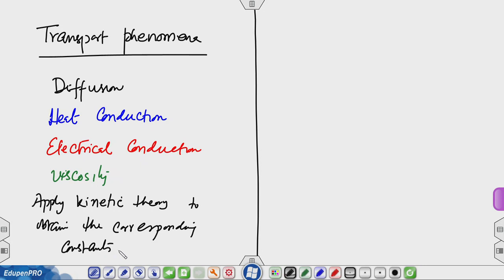Now, when such a transport is taking place, then the system is not in equilibrium.